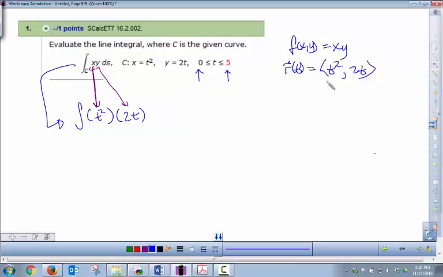And then on the side I need to figure out my r prime of t, which is 2t and 2, and I need to find the magnitude of that: square root of 4t squared plus 4.